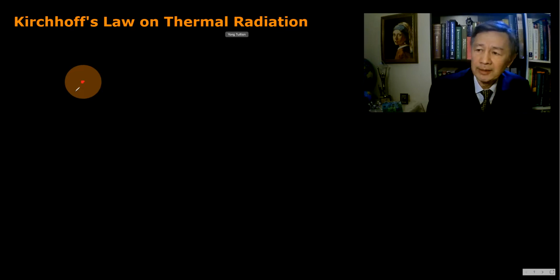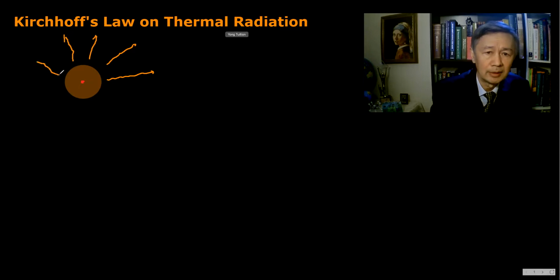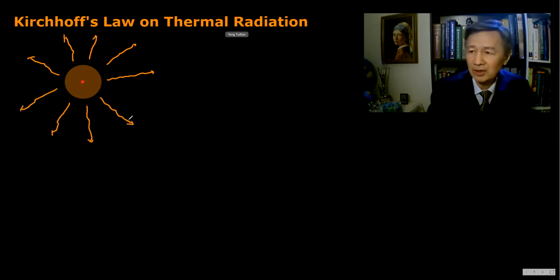According to thermodynamics, if the surrounding temperature is lower than the object, then radiation will occur. Radiation goes in all directions as long as the temperature is lower than this object. That is what we call thermal radiation in space, in vacuum.